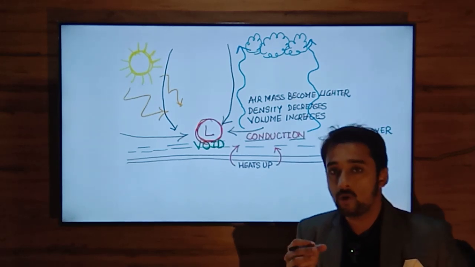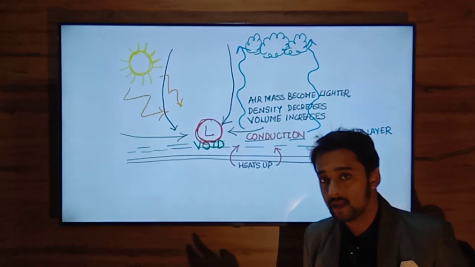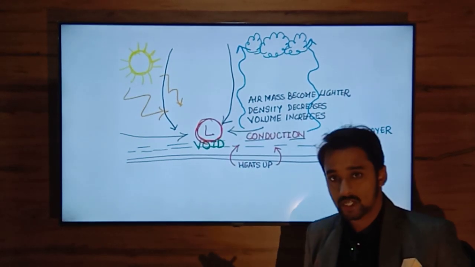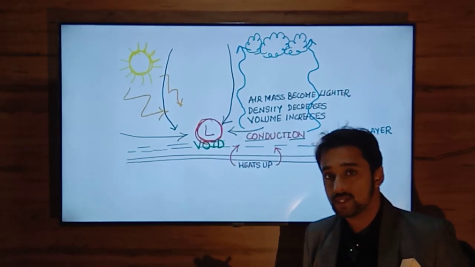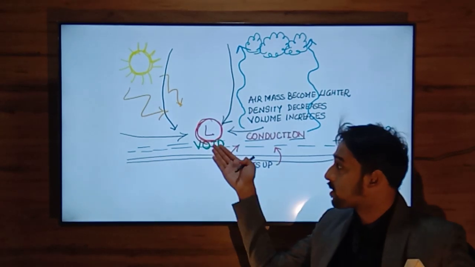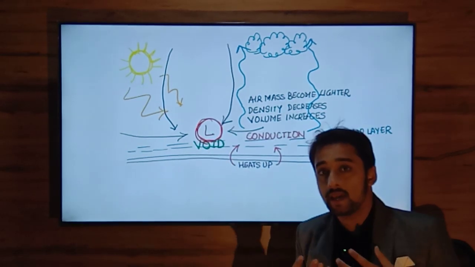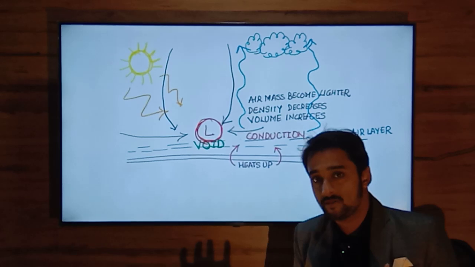So there will be flow of air from any high pressure region surrounding it to this low pressure. And when this airflow reaches the low pressure, there will be a heated ground or too much heat at the place of low pressure.